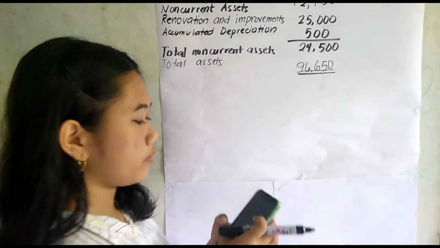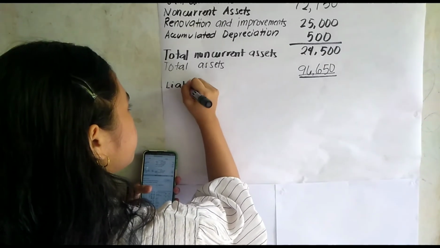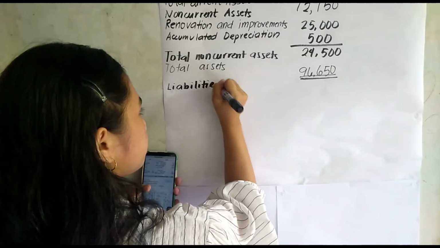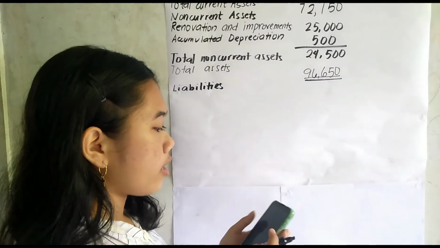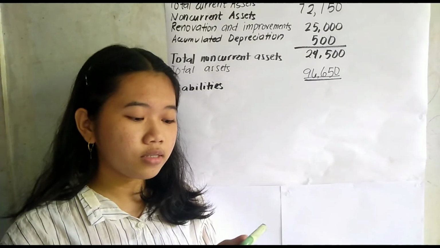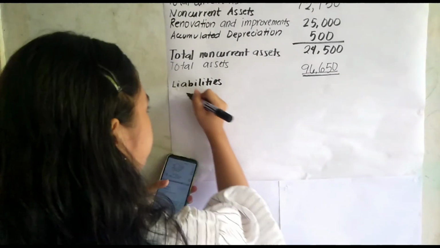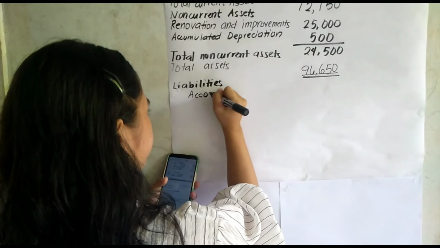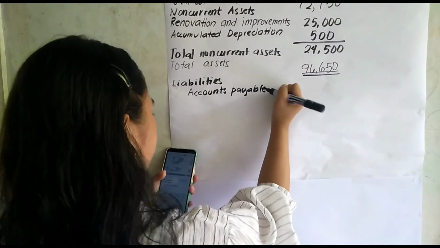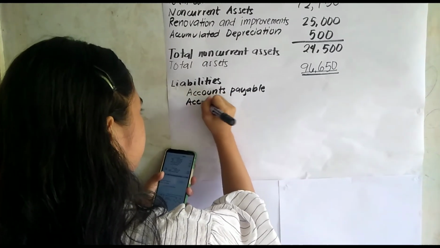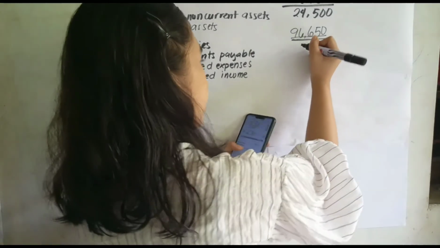Next is the liability. We have to classify them. First is the current liabilities. And the given in the current liabilities are accounts payable, accrued expenses, and unearned income. The amount of accounts payable is 19,000.